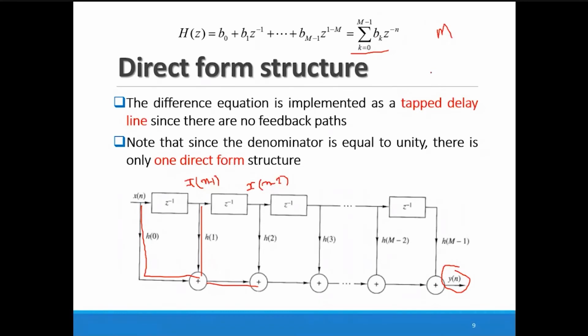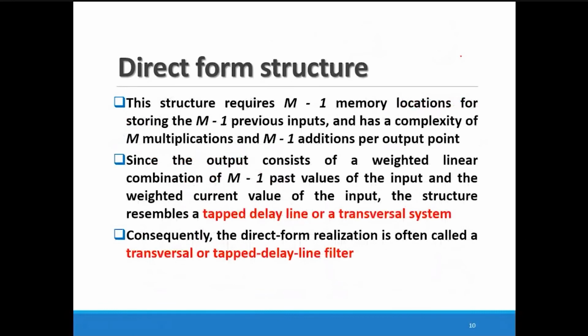Additions are between the first term and second term and so on, so you always get m minus 1 additions. So per output point it requires m multiplications and m minus 1 additions.